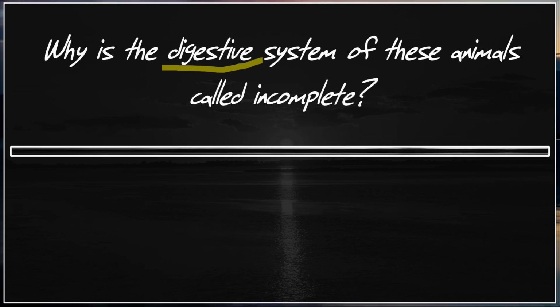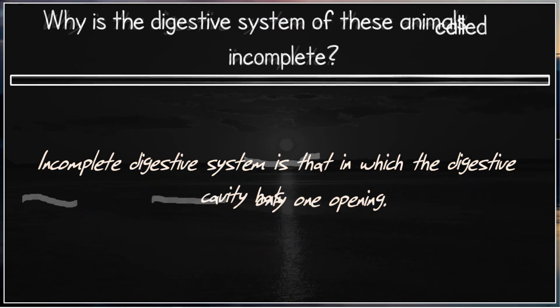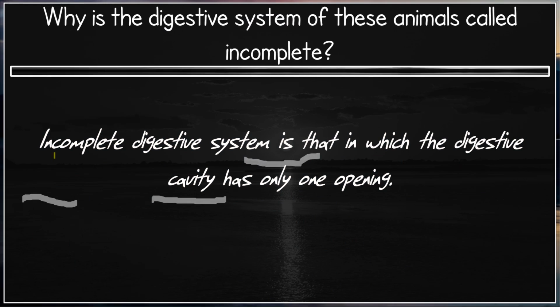Why is the digestive system of these animals called incomplete? An incomplete digestive system is one which has only one opening in the digestive cavity.